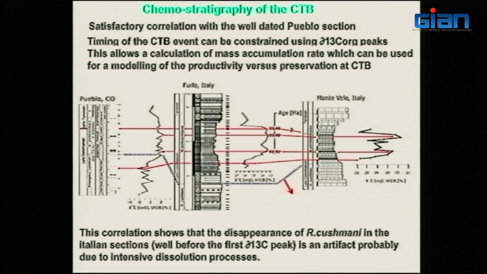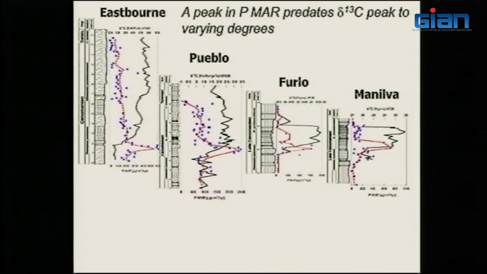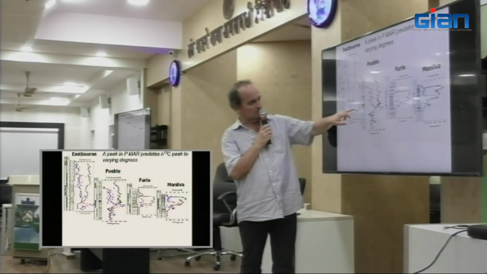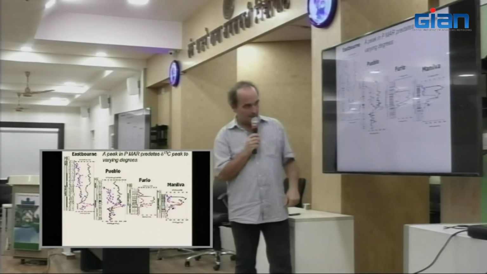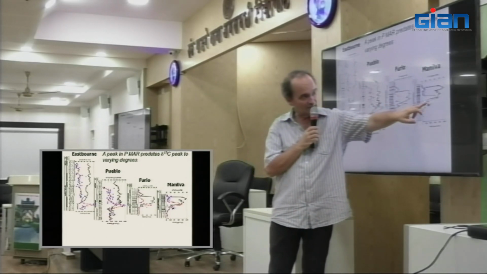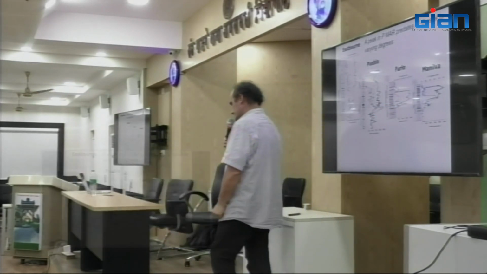This is quite interesting here. Now we can compare the phosphorus accumulation rate for all these sections. You can see here a probable acceleration of the runoff, a maximum of phosphorus at the onset of the peak. And here you can also see a maximum of phosphorus at the onset of the peak. You can see it also in Italy and in Spain, always at the same place.